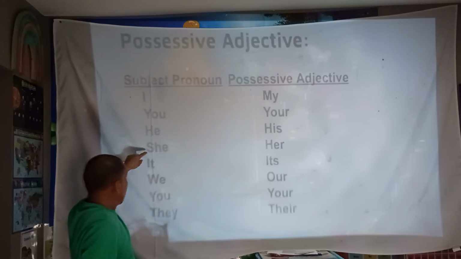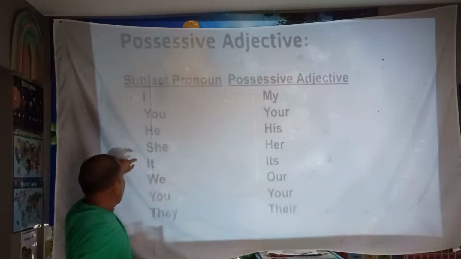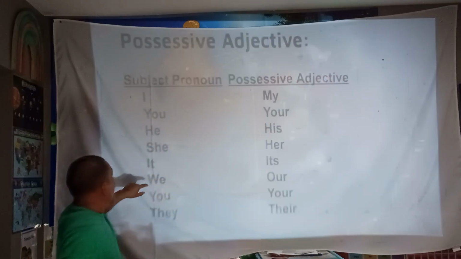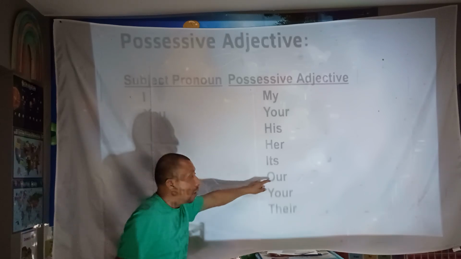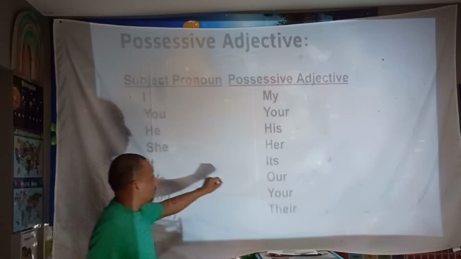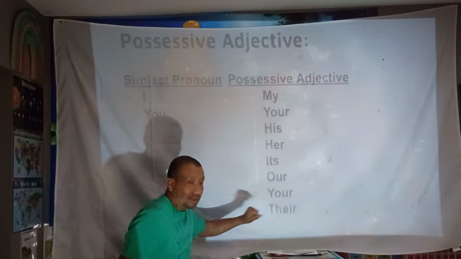Subject pronoun she, possessive adjective her. Subject pronoun it, possessive adjective its. Subject pronoun we, possessive adjective our. Subject pronoun you, possessive adjective your. Subject pronoun they, possessive adjective their.